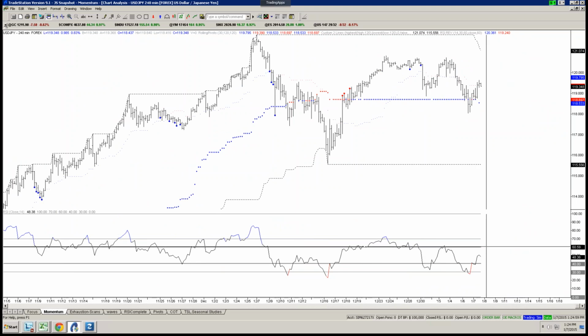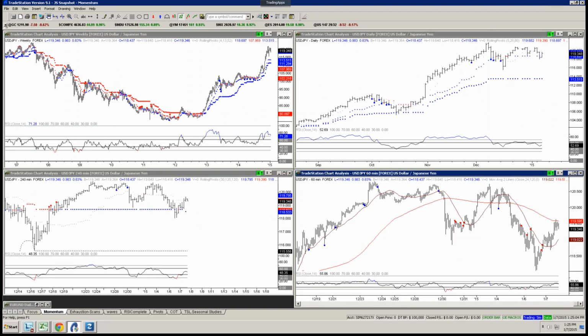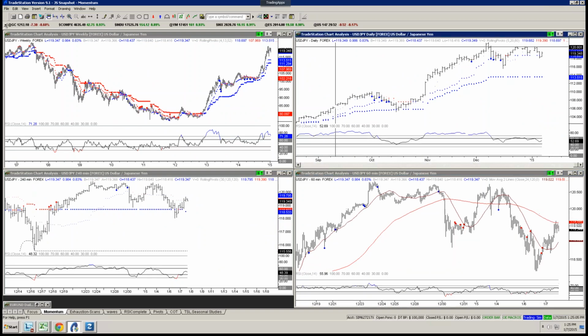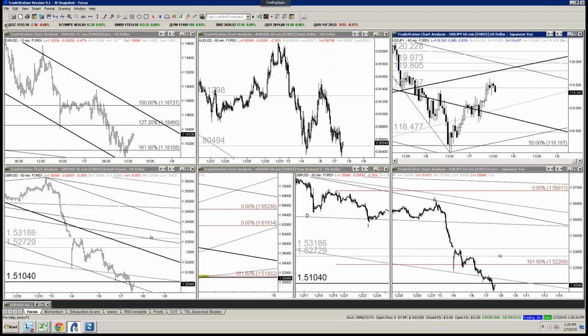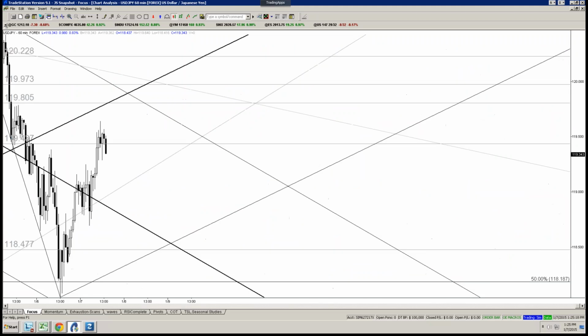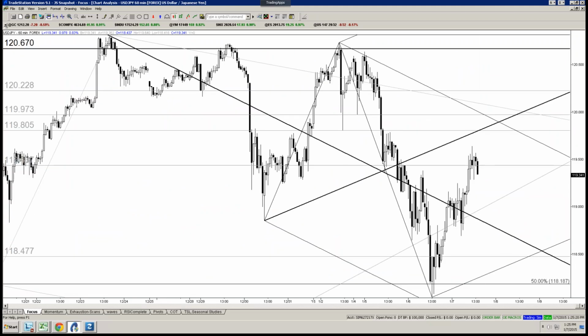Now, it's difficult to say whether or not the bigger picture in the yen has turned over yet. We are showing signs of momentum being a bit different.